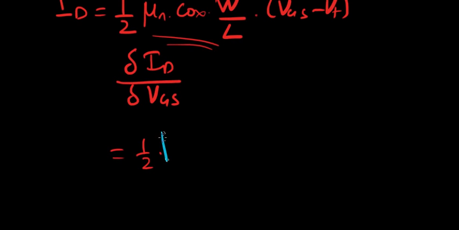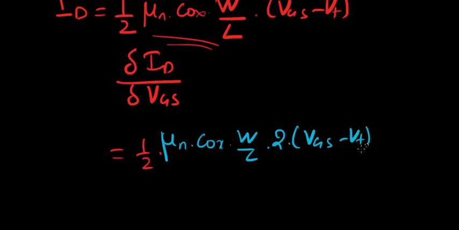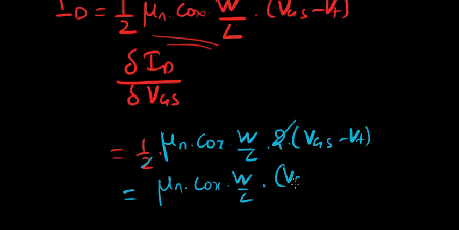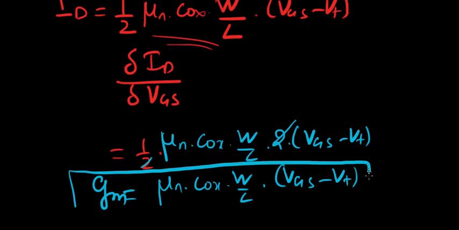Half times mu n C ox W over L times 2 times VGS minus VT. The 2 gets cancelled. All you're left with is mu n times C ox times W over L times VGS minus VT. VT or VTH, it really doesn't matter, it's the same. So what was this? Delta ID over delta VGS, which is equal to GM. Correct?